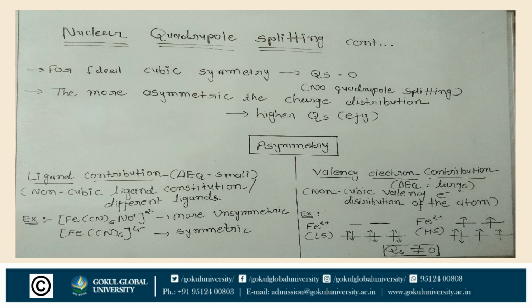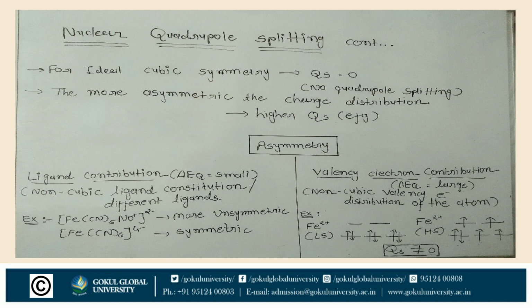Another type of asymmetry may be due to the valence electron contribution. It means when the arrangement of the electrons is asymmetric, that is, they are distributed unevenly. In this case, this type of contribution will produce a large quadrupole splitting. It means the energy of the quadrupole splitting will be large.